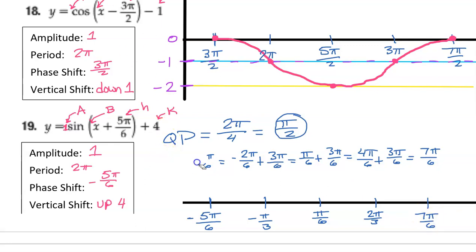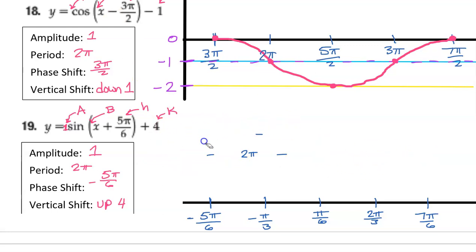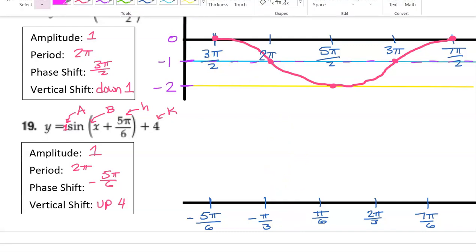Now we have the entire x-axis all labeled. That means it's time for the y-axis. Well, where will the y-axis be? I see that I've got a negative value at negative pi over 3, followed by a positive value at pi over 6. The y-axis should be in between these two. So I'm going to go ahead and put my y-axis in there.